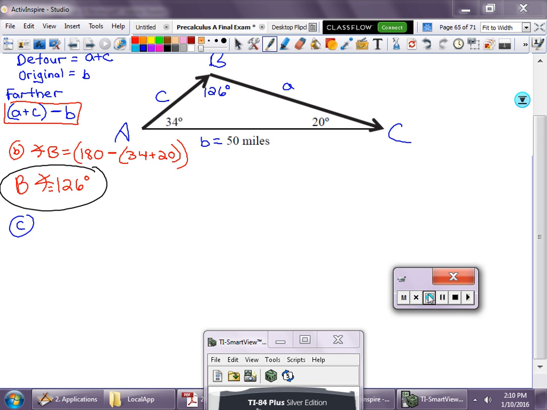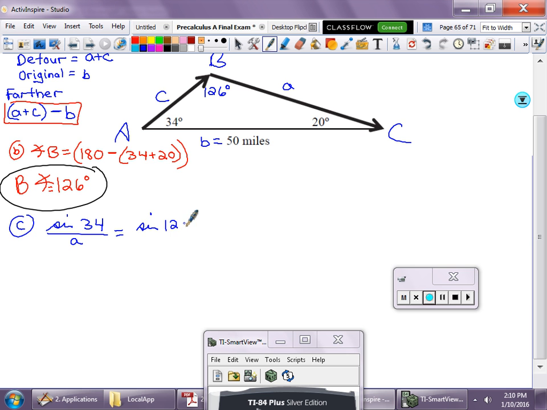So let's set up our law of sines. Sine of 34 over A is going to equal sine of 126 over 50. Cross multiply to solve. A sine 126 equals 50 sine 34. You're solving for A, so divide by sine of 126 on both sides.